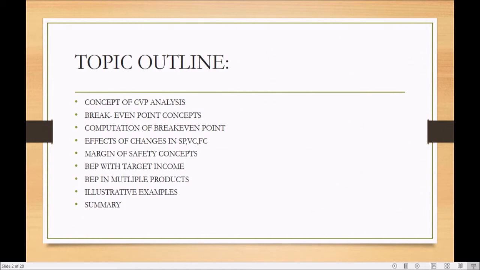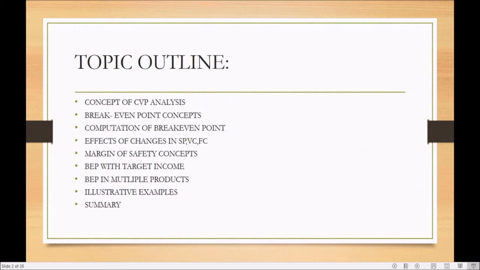Assuming that a particular company has a single amount of total fixed cost, and that single amount of total fixed cost is being shared by multiple products, how do we compute the break-even point?